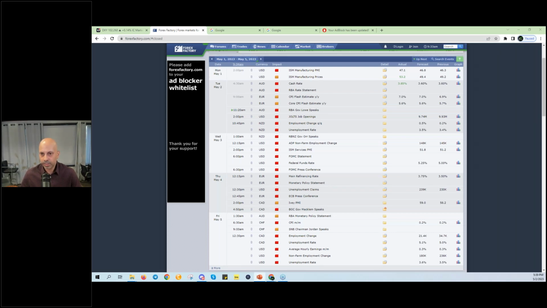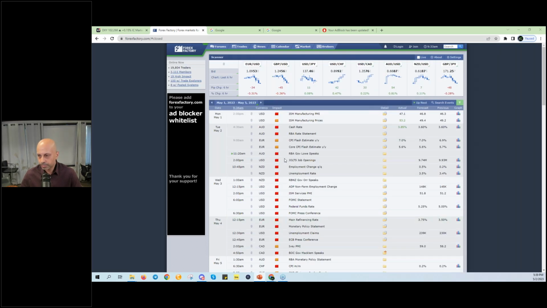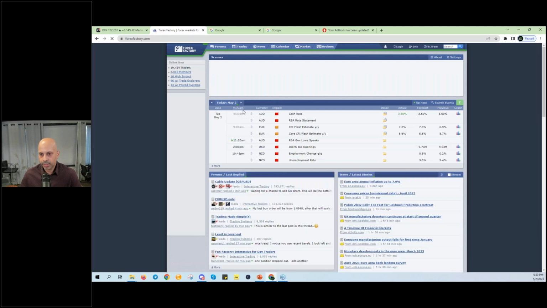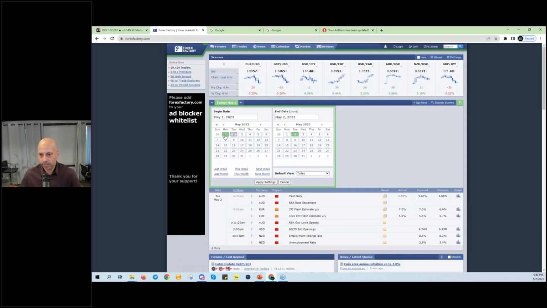When you load Forex Factory, there'll be a window where you will see the economic calendar. You can set the time zone according to where you're living. For me, I'm going to set it as GMT time, and then you can select the time period. Let's look at 1st of May to the 5th for this week.